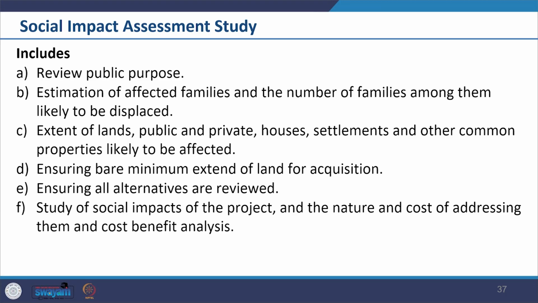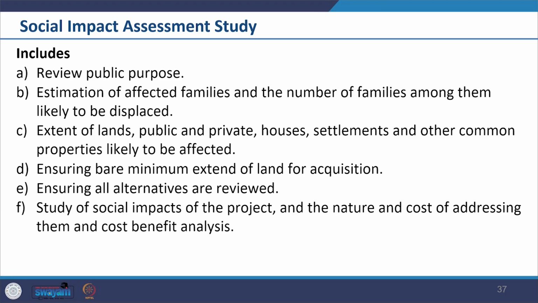And whether the extent of land proposed for acquisition is the absolute bare minimum extent. There are chances that when proponents ask for land, they might ask for more land than what is really needed. So this Act makes the provision that what is needed is just the minimum that they really need to acquire.